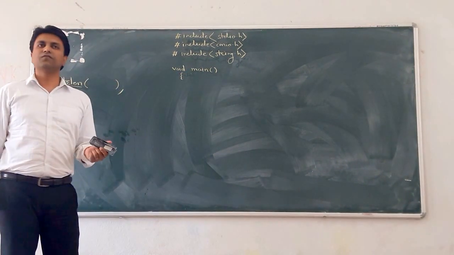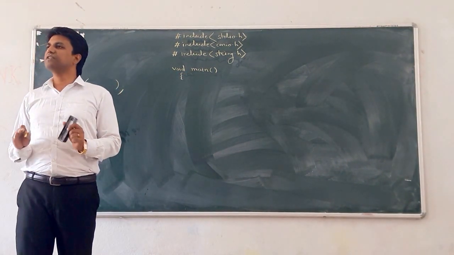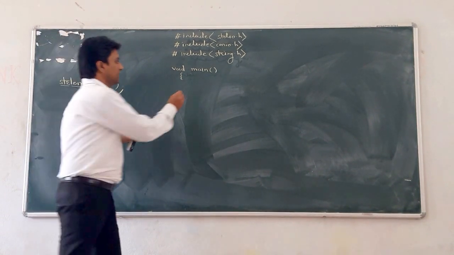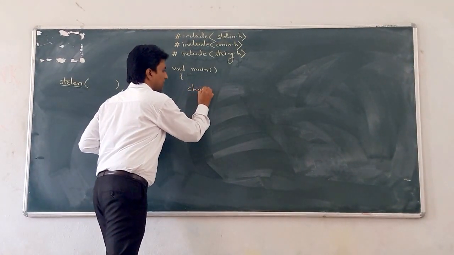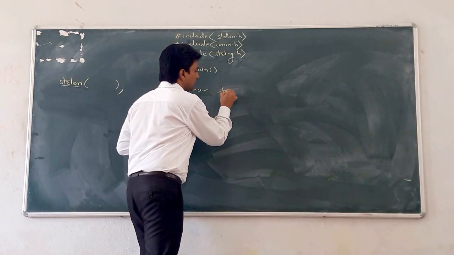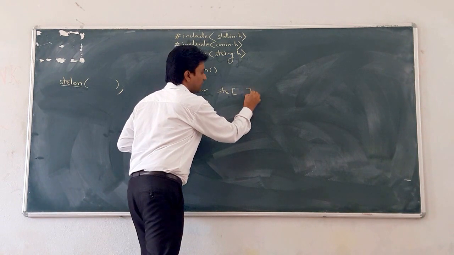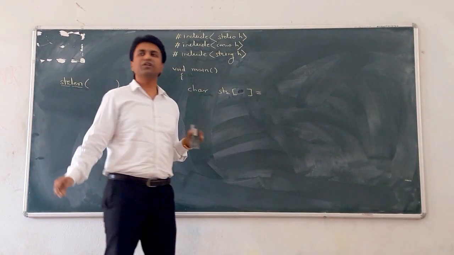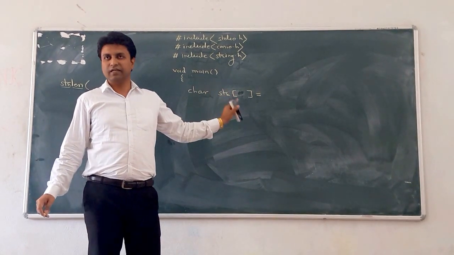In that, first initialize one string. Create one string using a character array. So char is a data type. Suppose the name of the string is str, and then the length. If you initialize the string, there is no need to write the length.